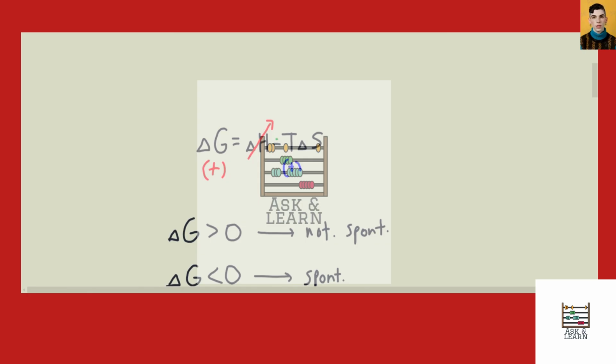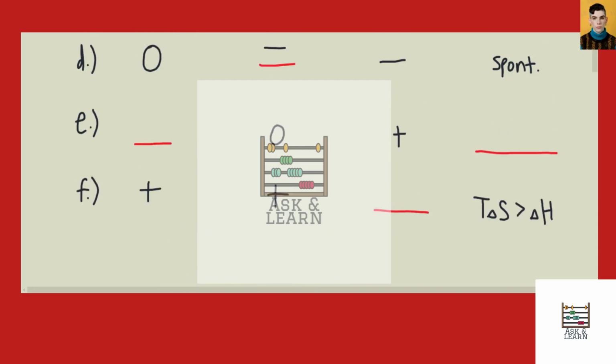And since we are subtracting, T times delta S must be negative, because a positive and a negative value multiplied result in a negative value, and we are subtracting a negative value, which really means that we are adding a positive value. Since delta H is 0, the only way for delta G to be positive is if delta S is negative. And so that is why for part E, the answer is that delta S must be negative.